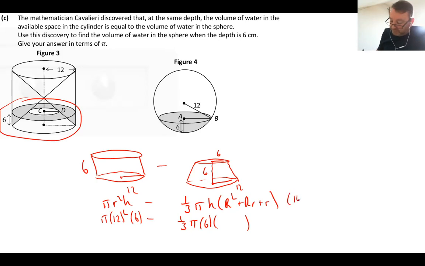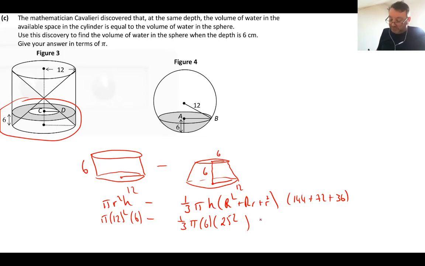So we've got 144, that's 12 squared. 12 sixes, 72. And then r squared down the bottom, isn't it? R squared, yeah, which is 36. Now, if I add all those together, 144 plus 72 plus 36 comes out as 252.